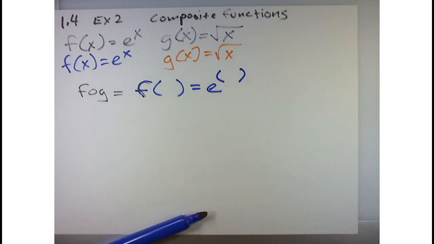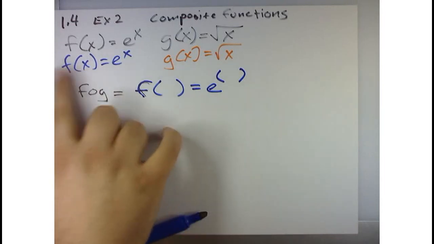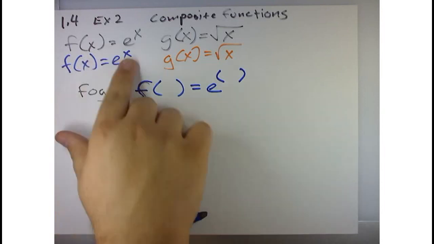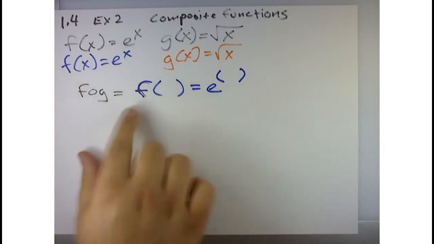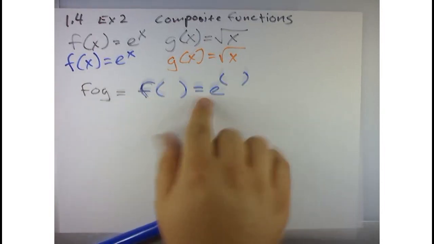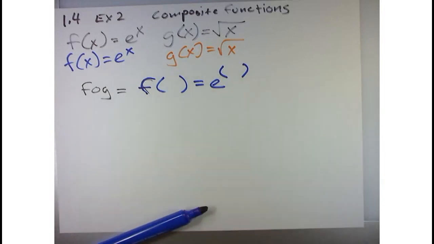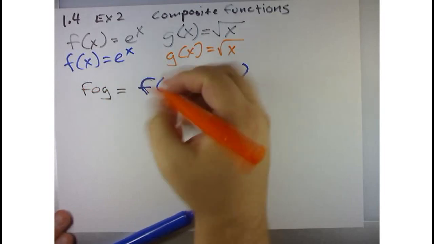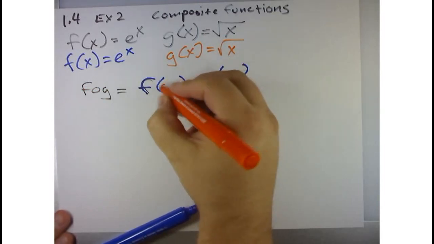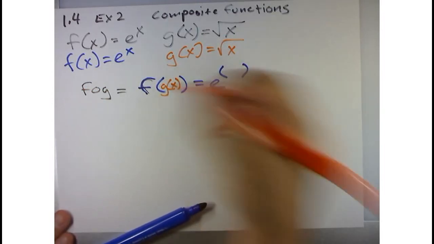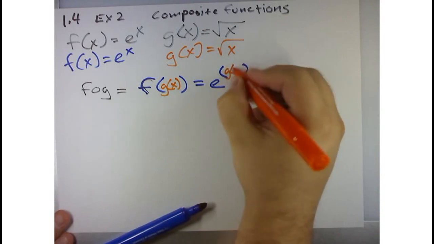When you look at the original function f of x, wherever there's an x, I plug in an x here. In other words, f of something is equal to e raised to that something. But when I say f of g, that's what f o g is, I'm really saying f of g of x. And so then I would plug in g of x up here.